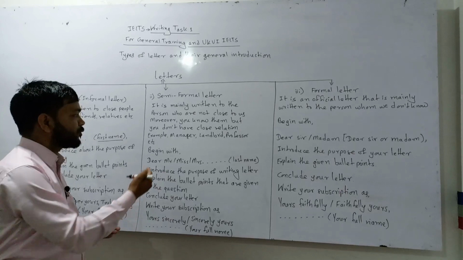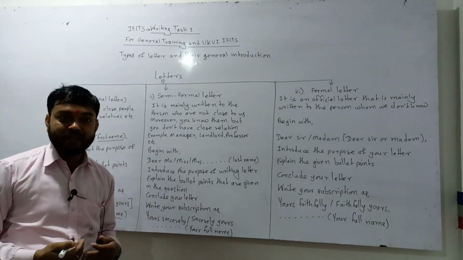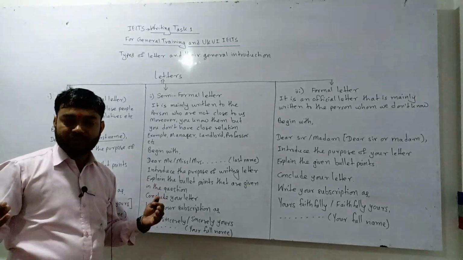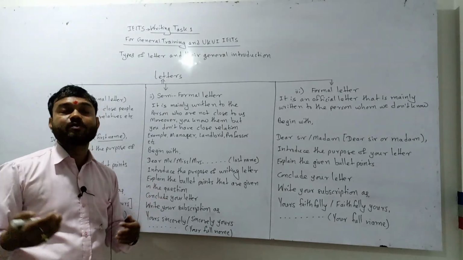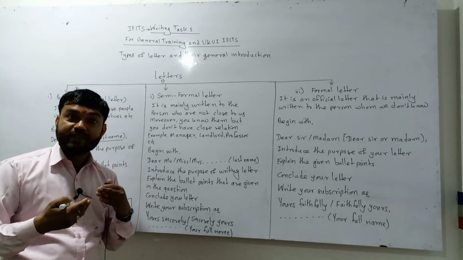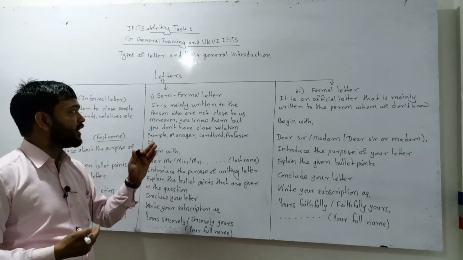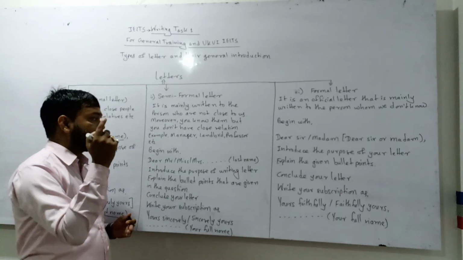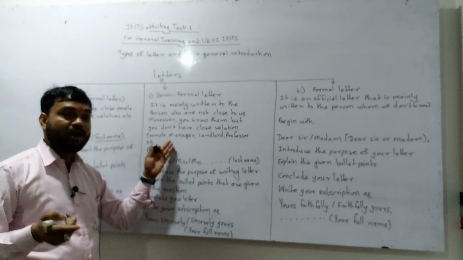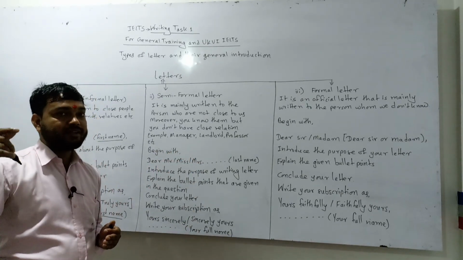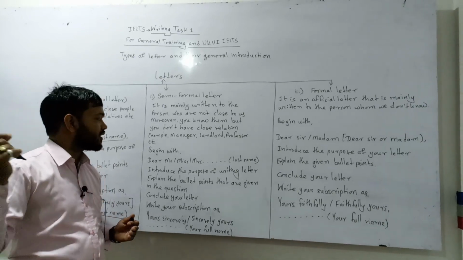For example, the manager of your company, a landlord, landlady, any professor of the college, or business people whom you don't know closely, but you meet them and know their name. To them you write semi-formal. Especially in your examination, the letter may come for the manager of your company or the landlord or landlady of the room you are renting.